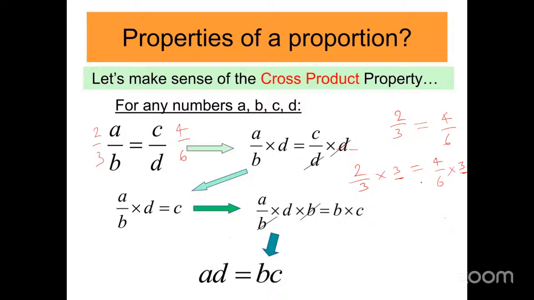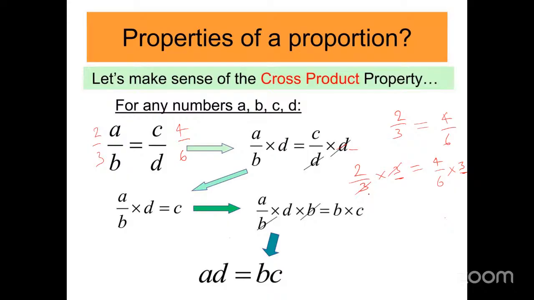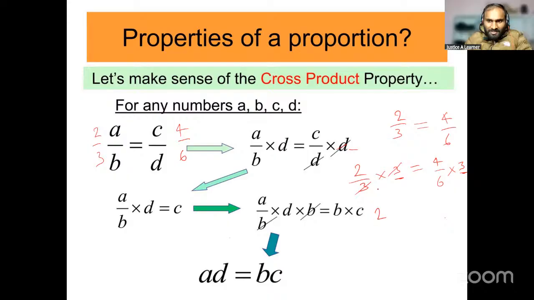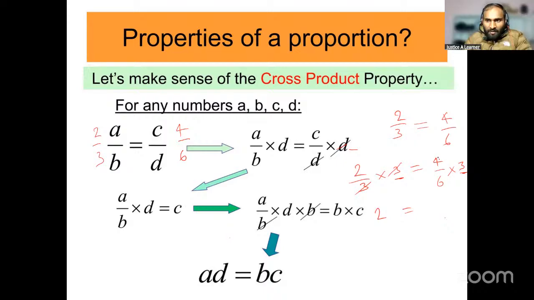So this is cancelled, right? The answer is 2 there. Not 18 times 4. The above one will be multiplied with this one. Because if there is no number, we can write 1.